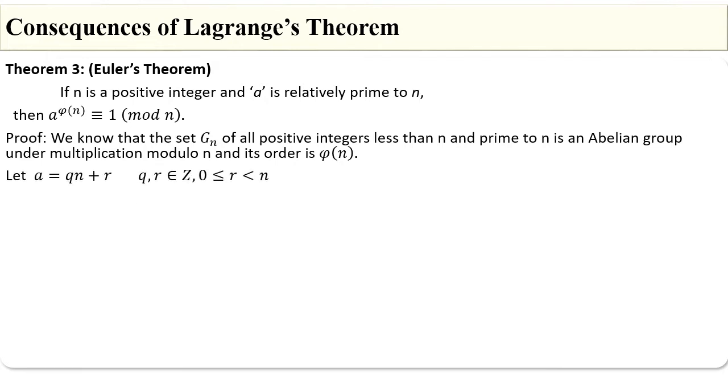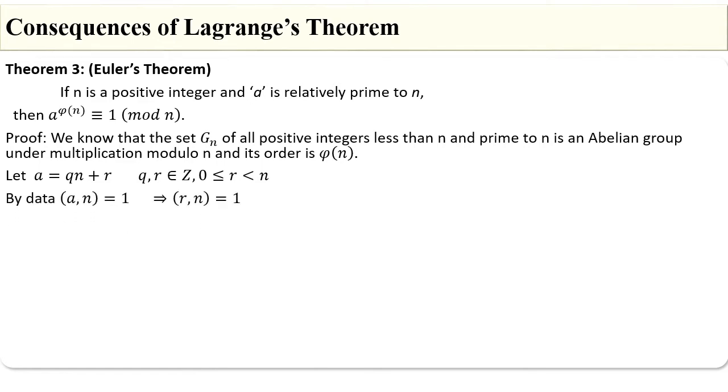Let a = qn + r, where q is the quotient and r is the remainder, and these two elements belong to Z, with the remainder r greater than or equal to 0 and less than n.